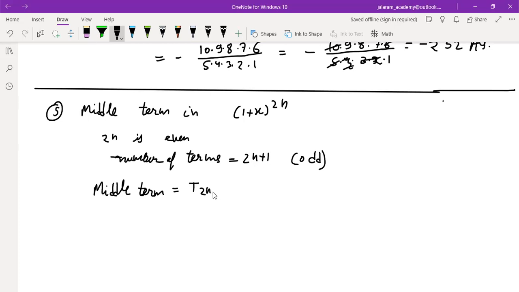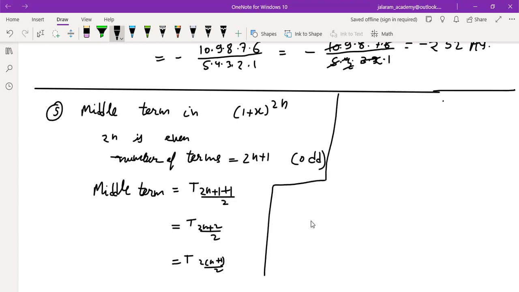So how will you change it to even? Add 1 to this, over 2. Clearly it is 2n plus 2 upon 2. Now if we take 2 common from this, 2 will be cancelled out. So it is t(n+1).